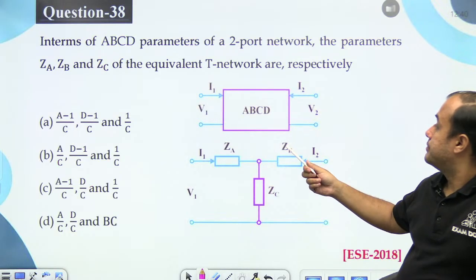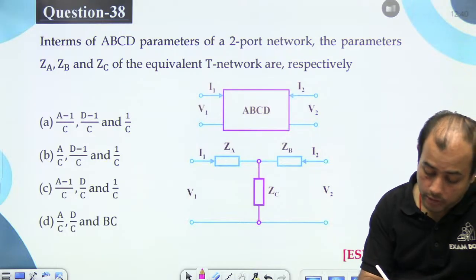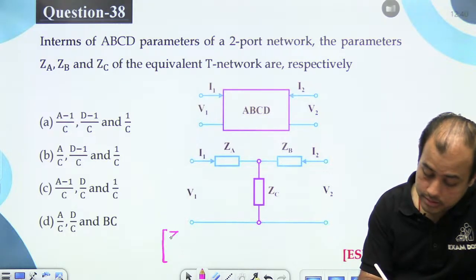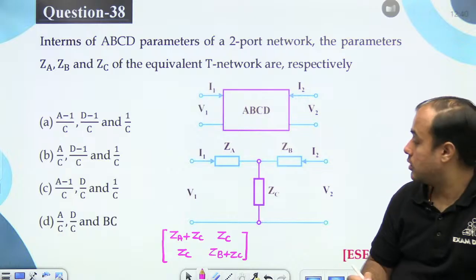So now this value, the diagonal elements are the sum of the impedances, and the off-diagonal is the impedance between two meshes.